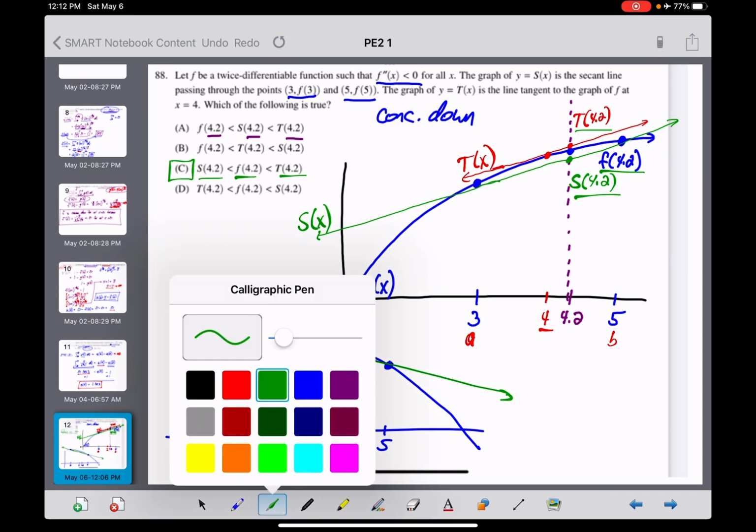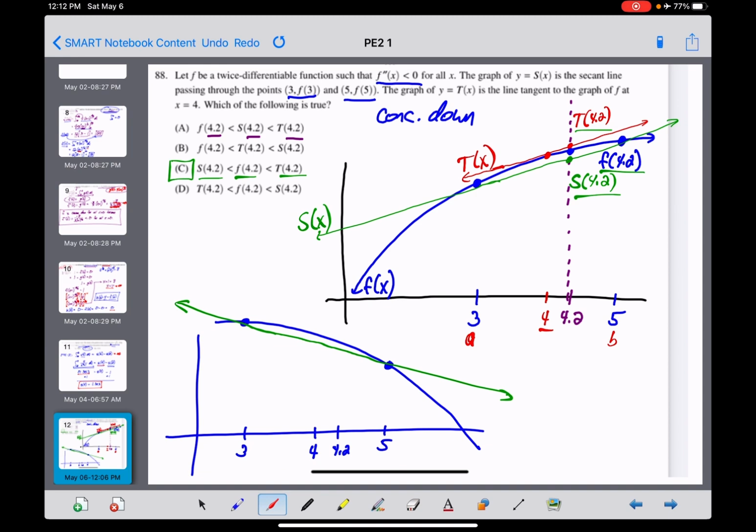The tangent line I will once again do in red. I'm sorry, the tangent line is drawn at 4. There you go. So my tangent line would again look something like that. And then at 4.2, yeah, guys, it looks like the exact same relationship between those three y values works out. It looks like s, the secant line at 4.2, is the lowest, followed by f of 4.2, and then lastly followed by t of 4.2.